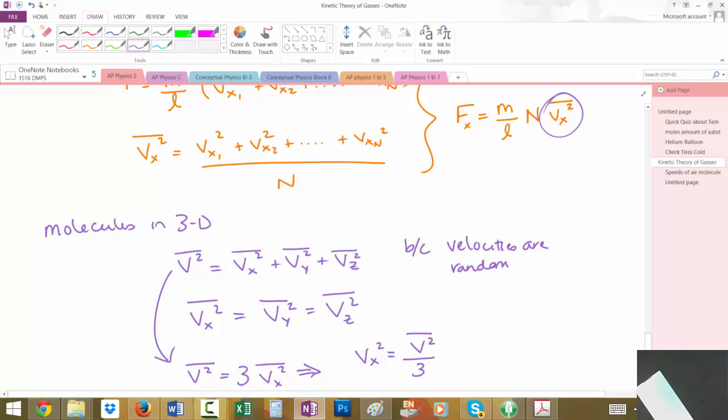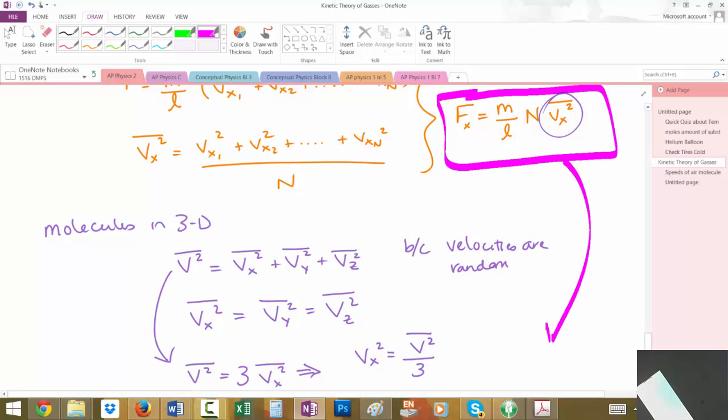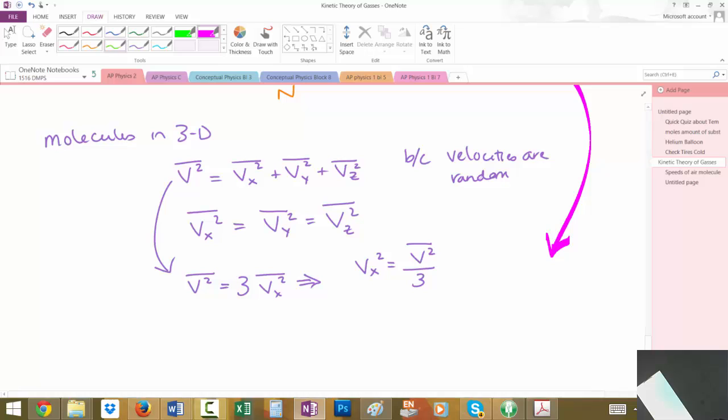So the force on one wall, like, oh, I don't know, the x wall that we were looking at, we can write that in terms of the total velocity of the particle. So I'm going to move this down just a little bit here. I'm going to say that F is equal to m over L times n, the number of particles, times the average velocity squared divided by 3.